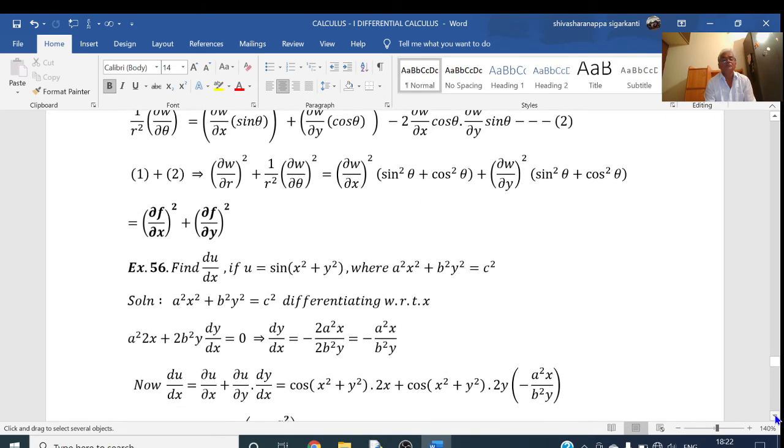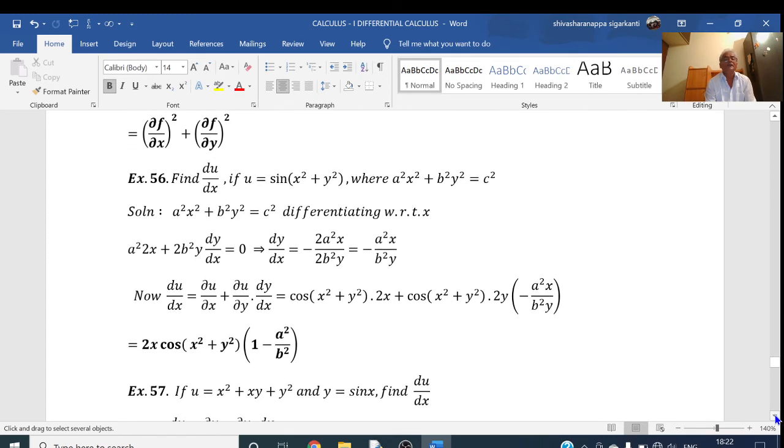Next example, find du by dx if u equals sin of x square plus y square, where a square x square plus b square y square is equal to c square. I have to find out du by dx. So this is the equation here, a square x square plus b square y square equal to c square.